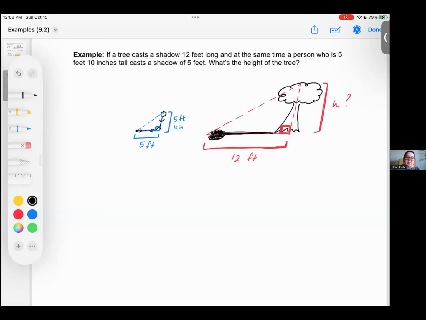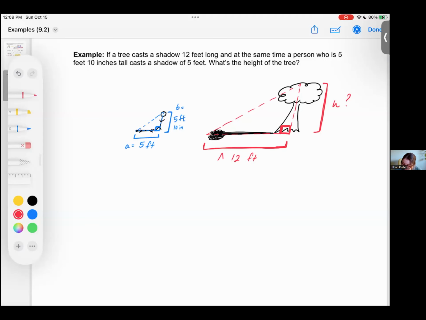So, all right. We have our person and we have our tree. We're trying to find the height of the tree. Remember what we said about the ratios of the lengths being the same. So let's say that the shadow of our person is little a and the height of our person is little b.